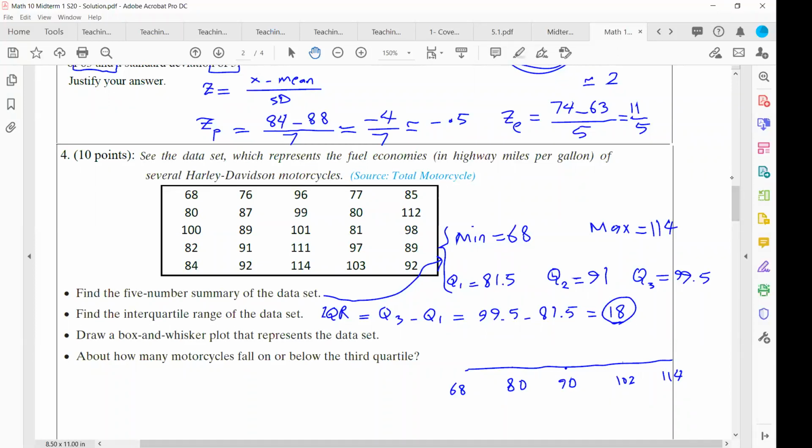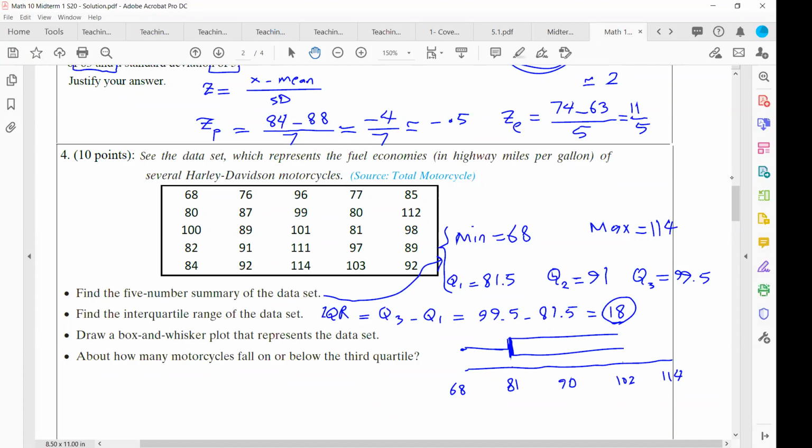Okay. Again, using a calculator, it just creates everything for us nicely. Minimum value, and we stop at the first quartile. Then we form a box. So our first quartile is 81.5.